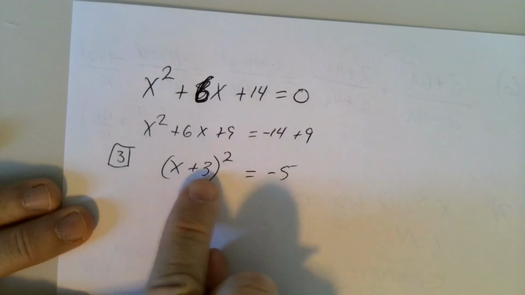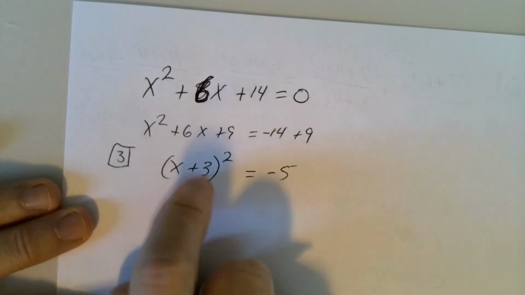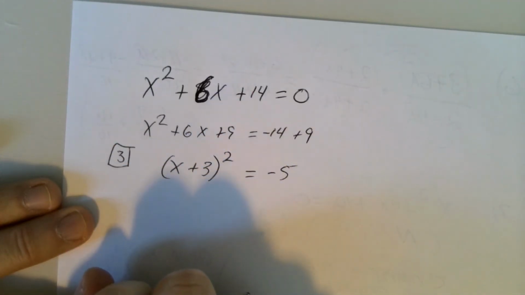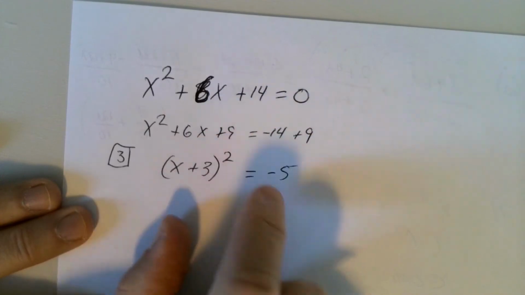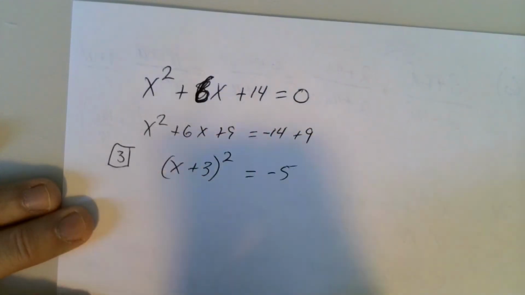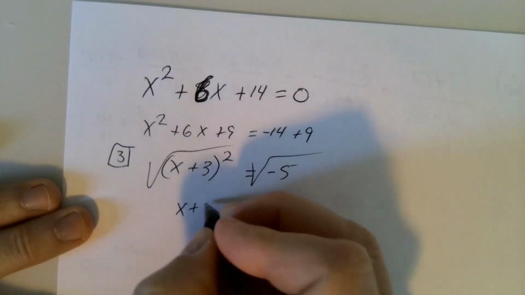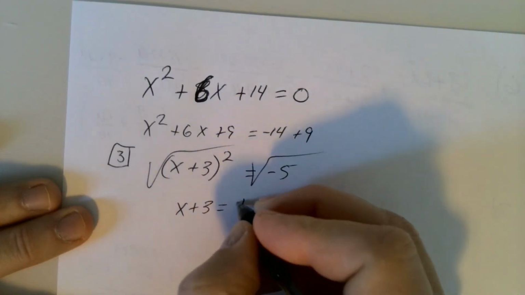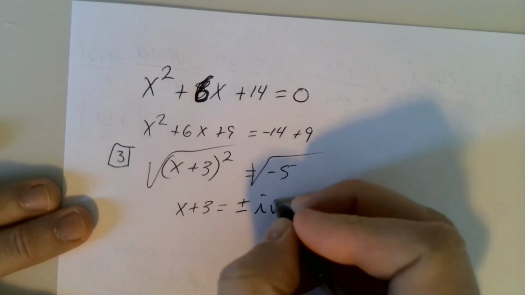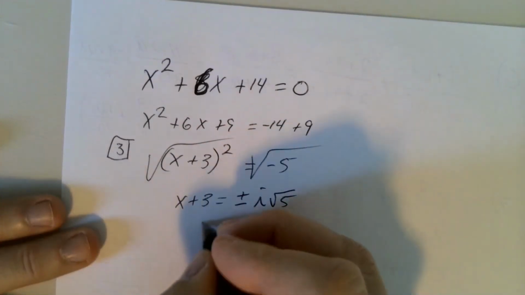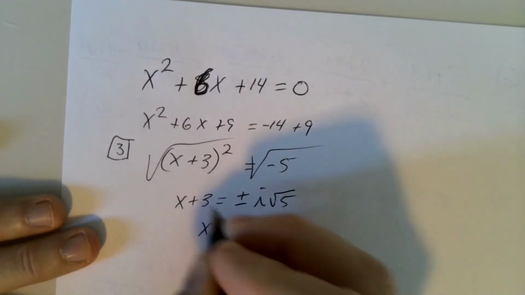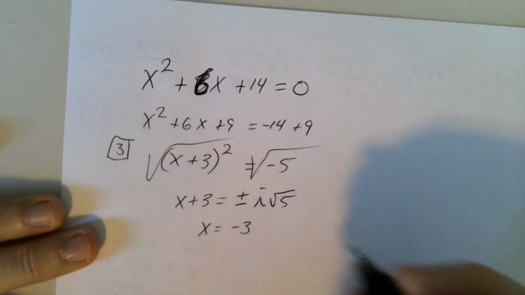I just know it's x and whatever's in your box, which was a positive 3, so I put a positive 3. Just got to make sure I add the 9s to both sides there so that I do get negative 5 there. Root it, and I get x plus 3 equals plus or minus i root 5, and x equals negative 3, because when I move the positive 3 to the other side it becomes negative.